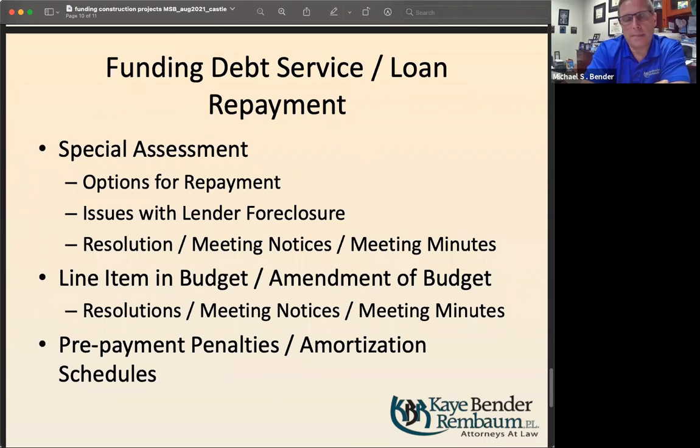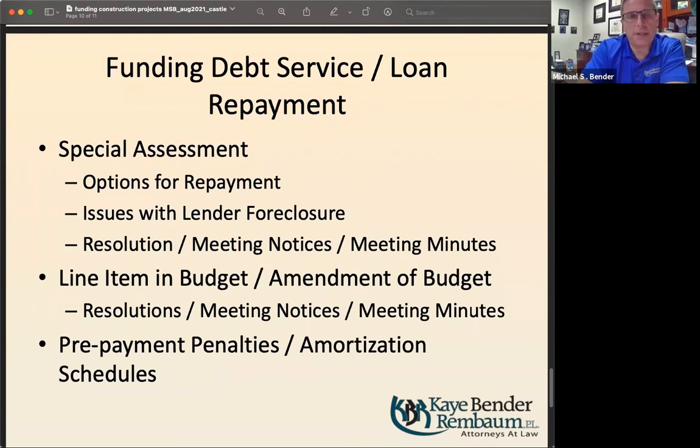Even 720 doesn't require you send out the proposed budget, but in my experience, many communities do, but it's not mandated by 720, but in 718 it is. The board would meet, approve the amended budget, and then notify the owners, hey, next month, the new dollar amount for assessments is this. And that increase would be the line item you've now added for the repayment of the loan or the line of credit.